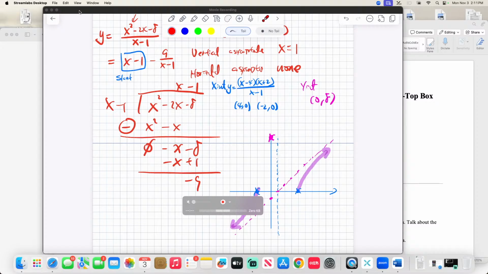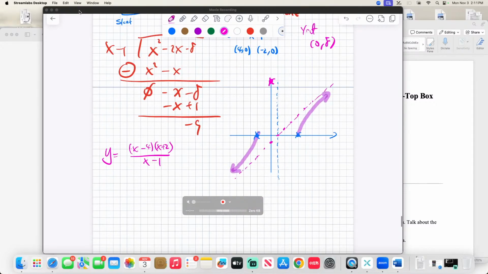Now, I'm going to teach you a little bit of calculus here. Not going to be pre-calculus, this particular part. Usually, teacher will just say, hey, just graph this and this. And that would be perfect. But I'm going to teach you a little bit of calculus here. So let's take this original function here. Y equal to x minus 4, x plus 2 over x minus 1.